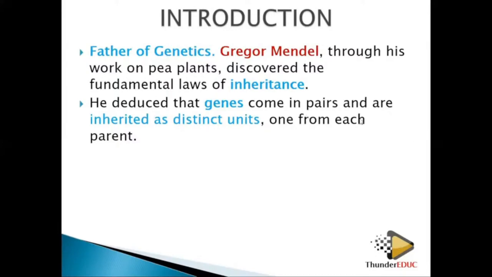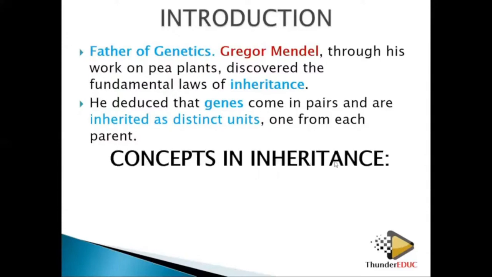So they come in pairs and are inherited as distinct units. It means that one character is not interfering with another character during inheritance. Each character is inherited differently, one from the father and one from the mother. Each parent gives one part of the character. Remember, there are supposed to be two, so the first part comes from the father, the second part comes from the mother. That's what he is saying.